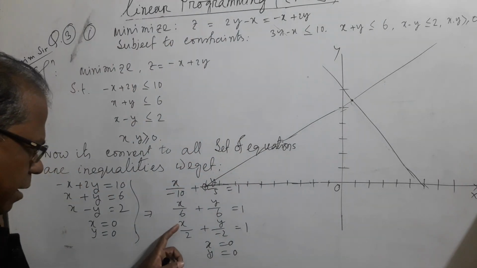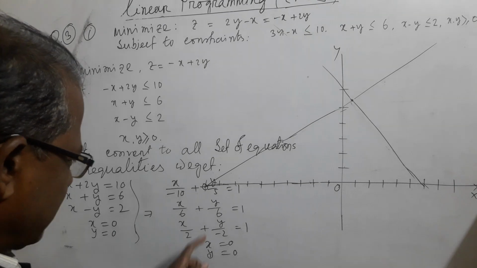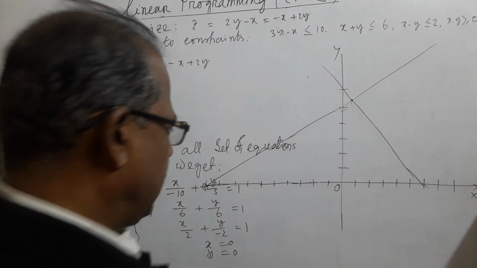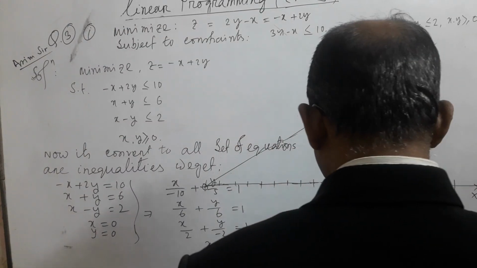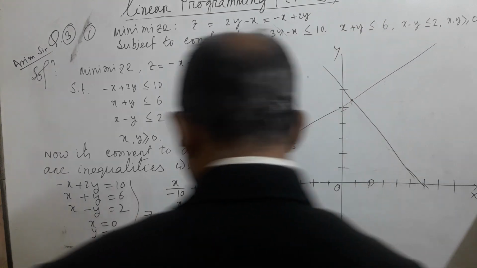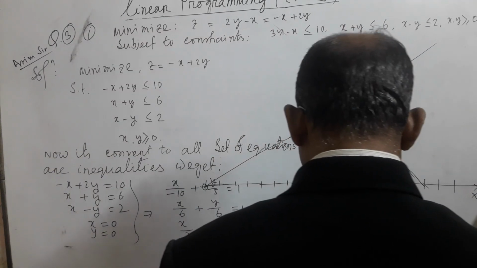And the third line, x by a plus y by minus b. That's why x equal to 2 and y equal to minus 2.